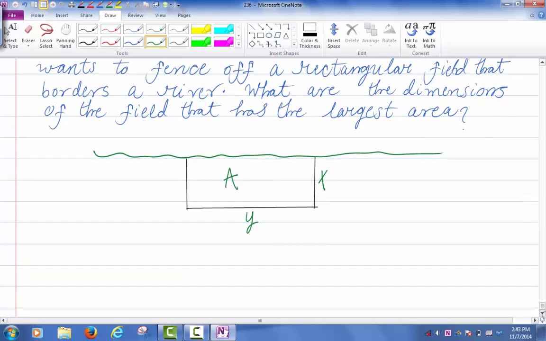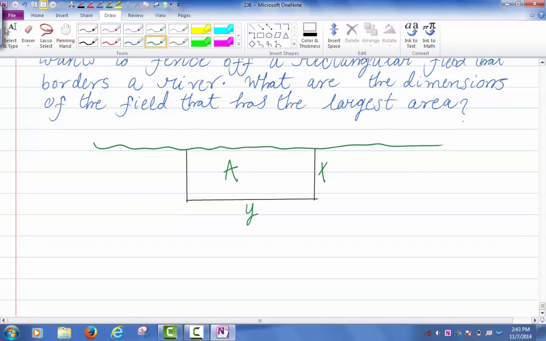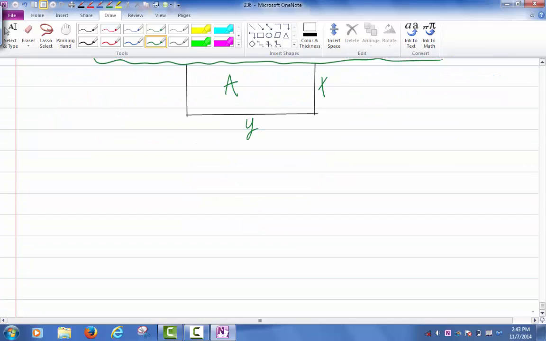So let's think about the problem a little bit. Again, what are we trying to maximize? We are trying to maximize area. And what is the area? Area is x times y, right? Length times the width.